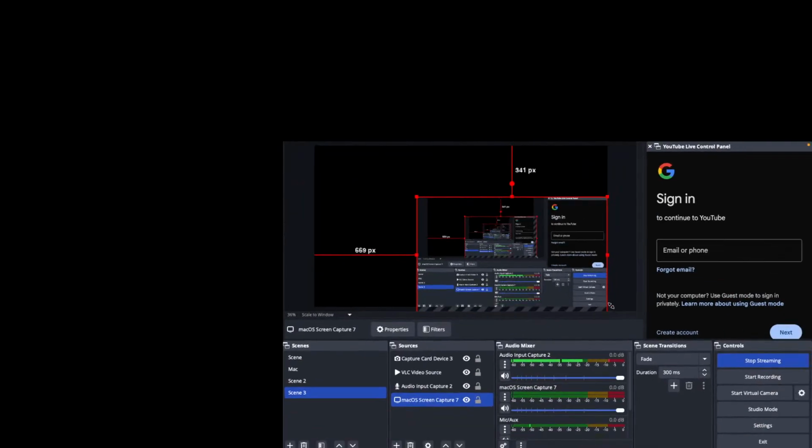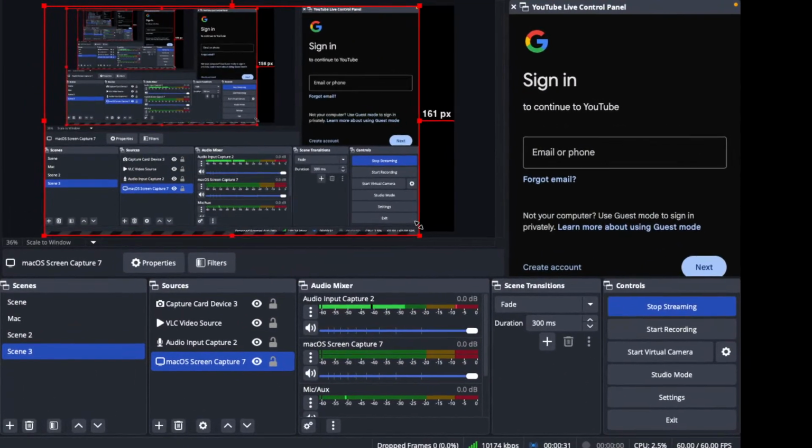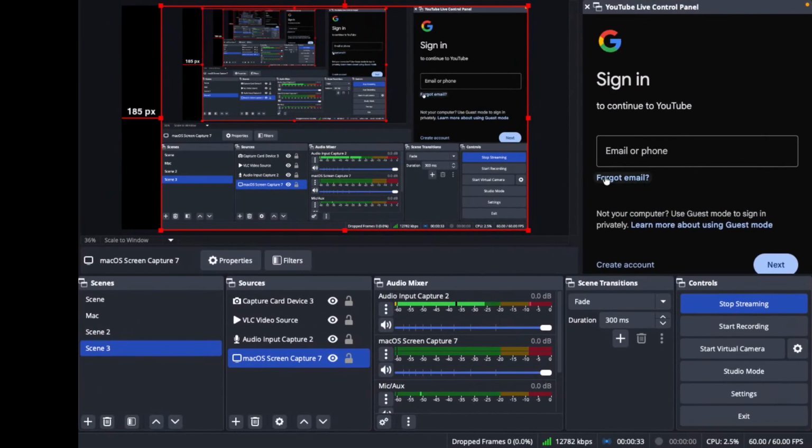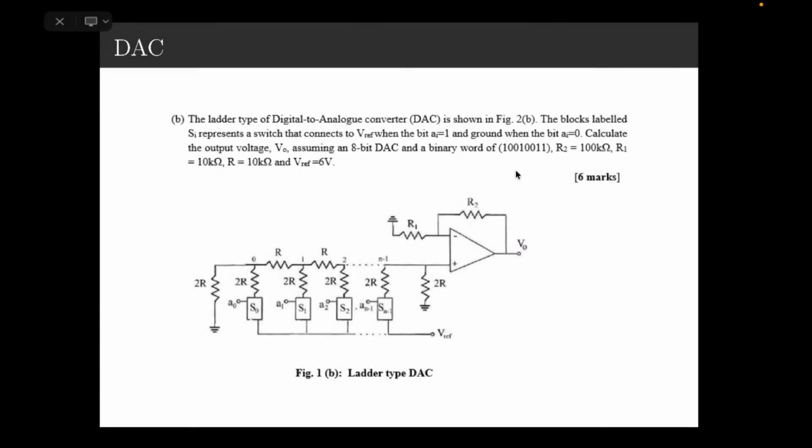I might have to make it bigger, because I have to zoom out. There we go. That should be fine. Let's do this.